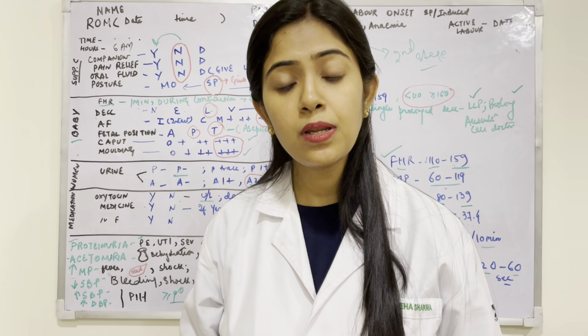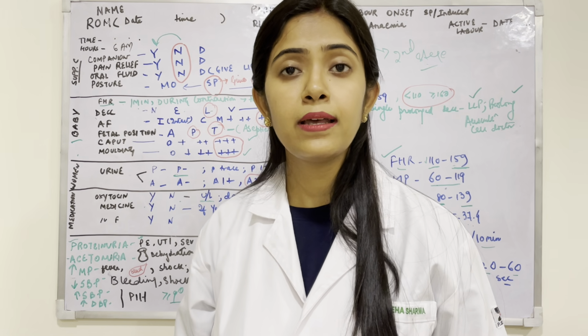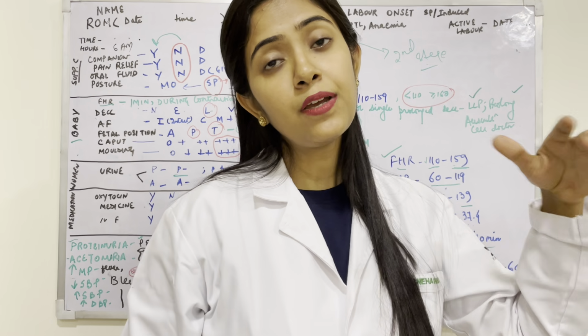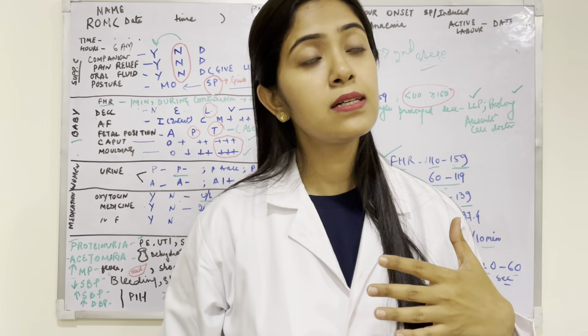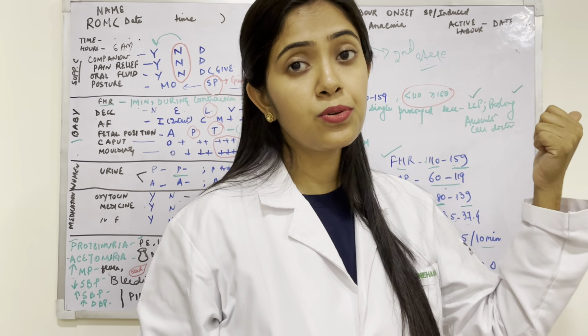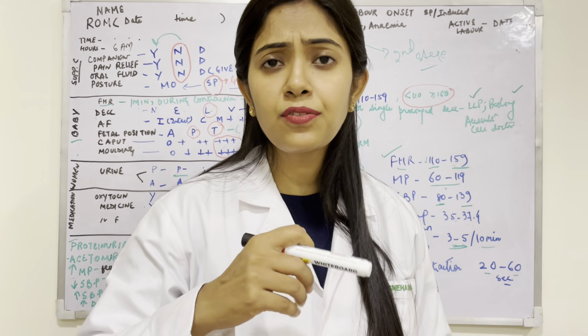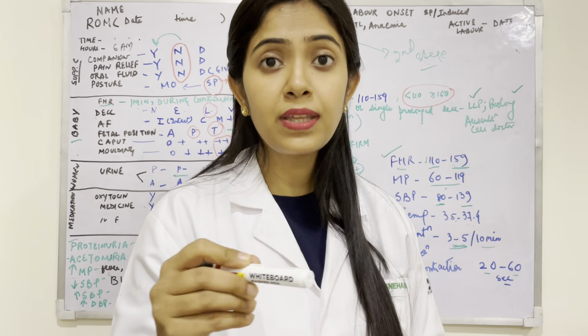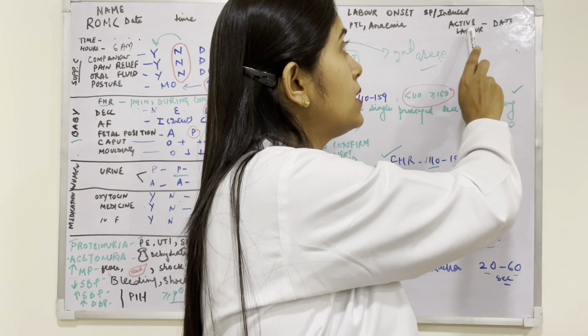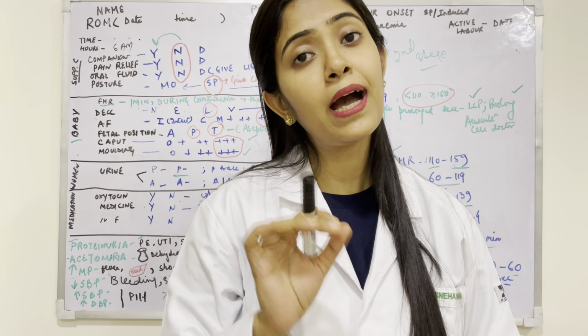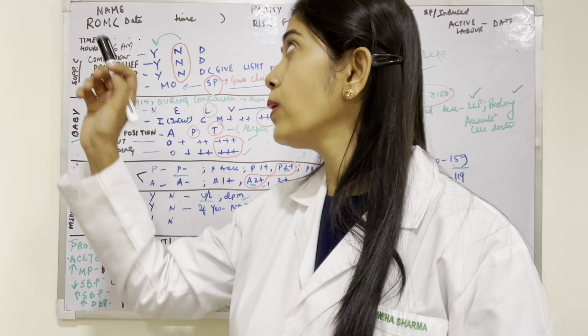If she has been in labor in the same center, then we know the date of active labor. If she's been referred from some other center, then from the WHO partogram or the previous case sheets or the referral paper, whatever is available, from there we can note down the date when she went into active labor. So this is very important to identify the lady with these things.